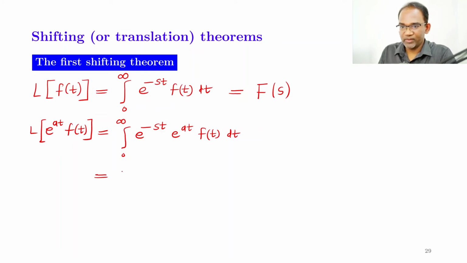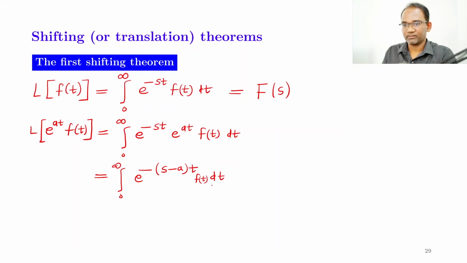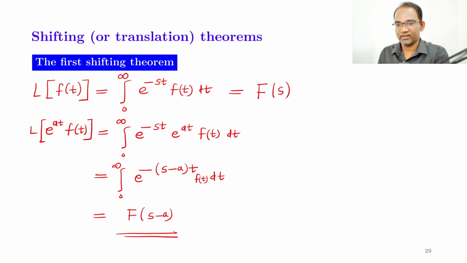And this is equal to integral 0 to infinity e raised to minus (s minus a)t, then dt with an f(t) in between. And this is nothing but F(s minus a), thus proving the result.